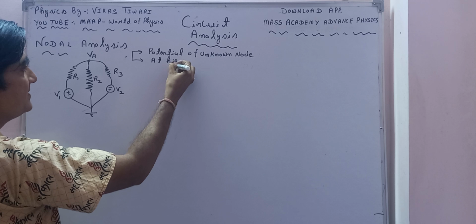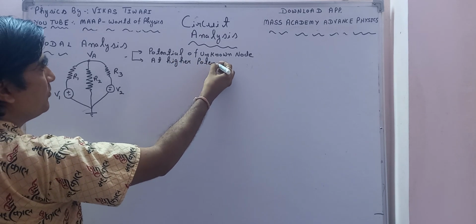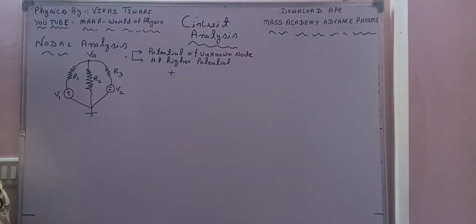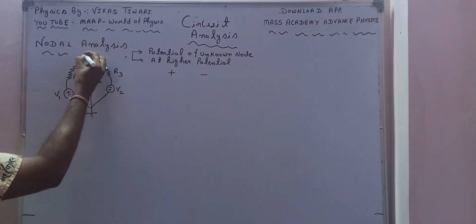In circuit analysis, there are only two potential points, higher potential and lower potential. Plus we take as higher potential and minus as lower potential. So I will consider it at higher potential.